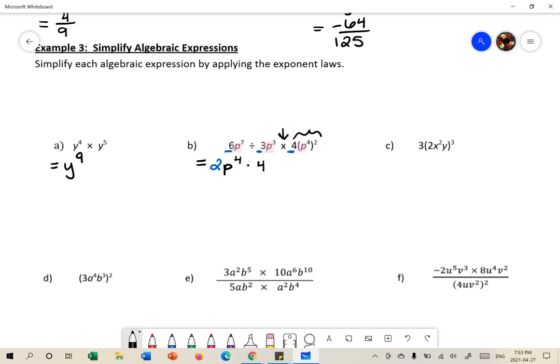So I'm going to multiply. This is the power of a power rule. So I'm going to multiply my exponents and keep my base the same. Next line, I'm going to multiply my coefficients together. And then I'm going to keep my base the same and add my exponents.